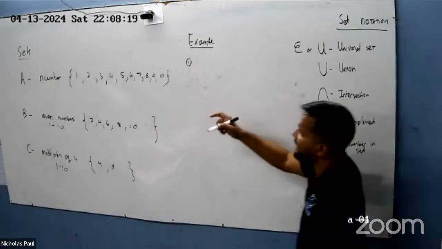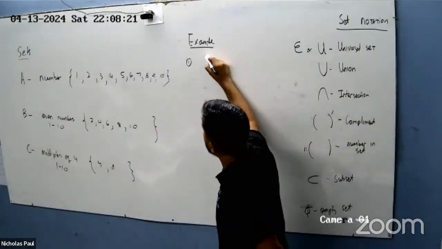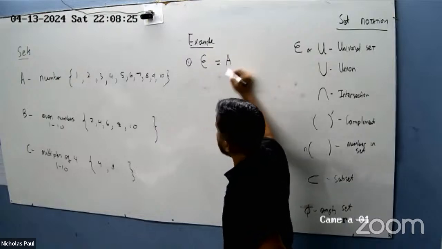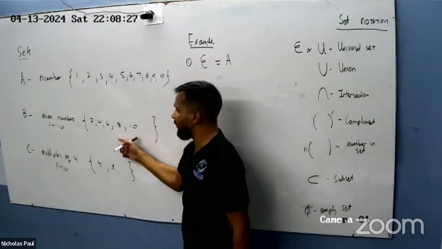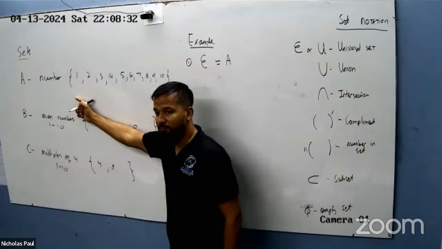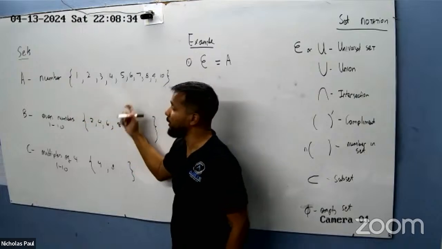So in our example, the universal set is equal to the set A in this case, because in our scenario here, this has all the numbers 1 to 10. That's okay, right? All the numbers 1 to 10.